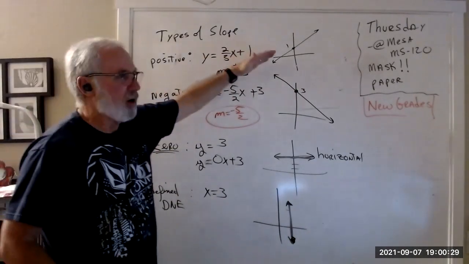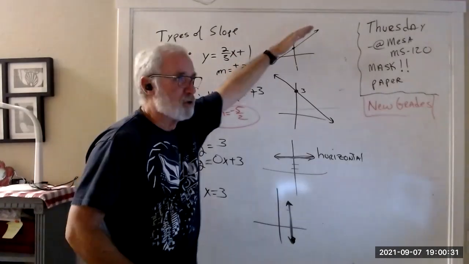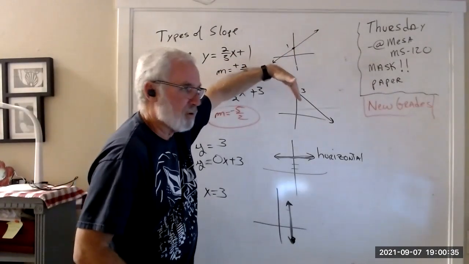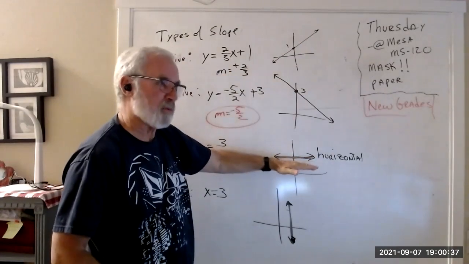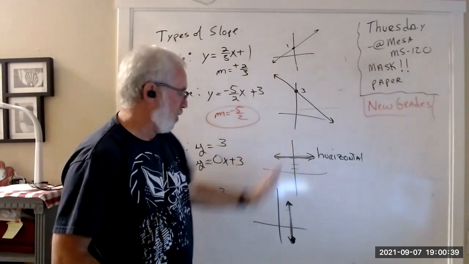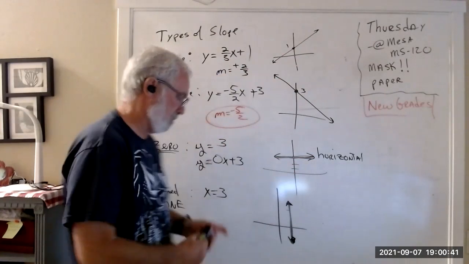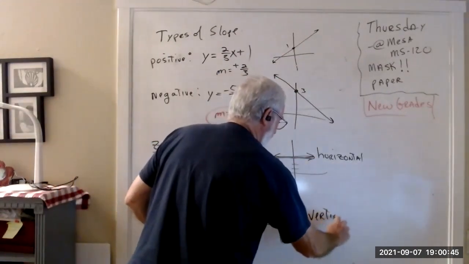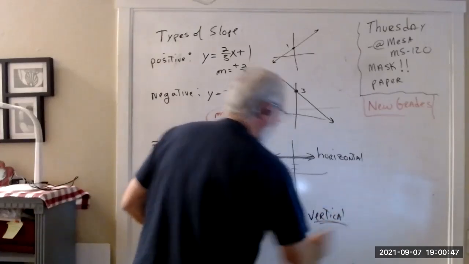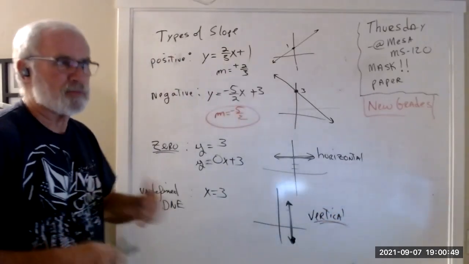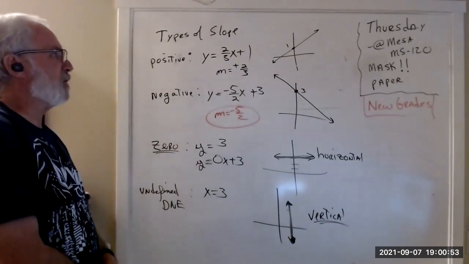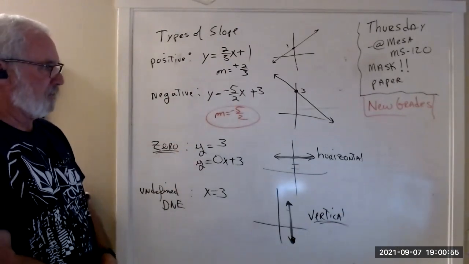Either you're going to have a positive slope, which always looks slanted in this direction, a negative slope, a horizontal slope, which is 0 slope, or a vertical one. Now, that's implicit in some of mom's homework, but I wanted to make sure everybody picked that stuff out.